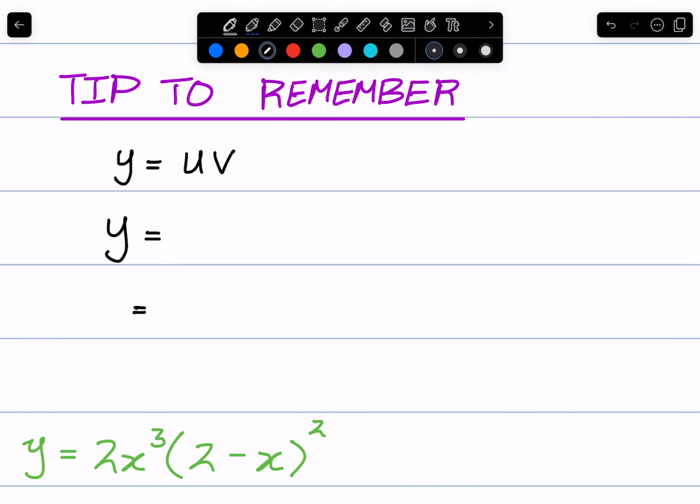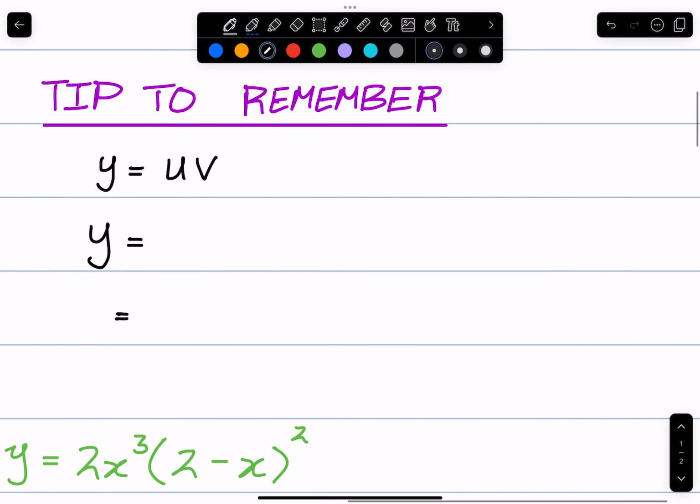A tip to remember this, and I'll start from the beginning. If you have multiplying functions, so u times v, its derivative is as follows. Simply write u, v, u, v, and just remember bunny ears, like so, with a plus since it is the product.